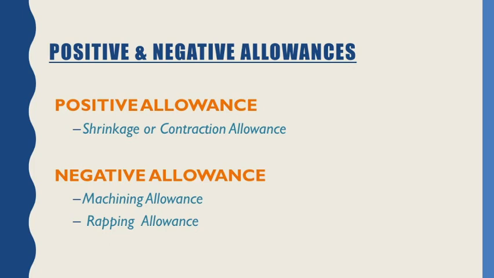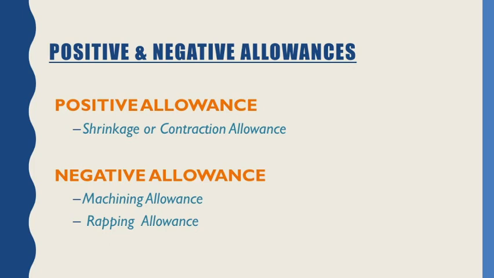Among the five allowances discussed, consider the first one, the shrinkage allowance or contraction allowance. In the case of shrinkage or contraction allowance, especially the solid shrinkage allowance, we make the pattern larger in size than the casting, so that upon shrinkage or contraction it gets the exact size. So we make the pattern bigger than the casting, so it is a positive allowance.